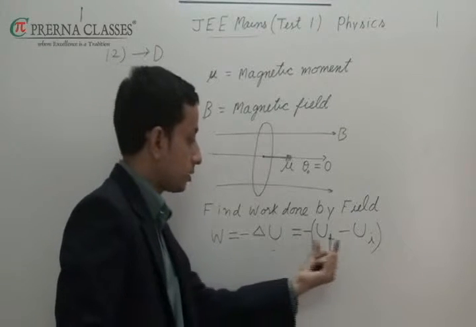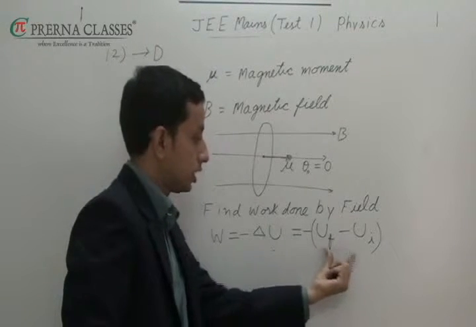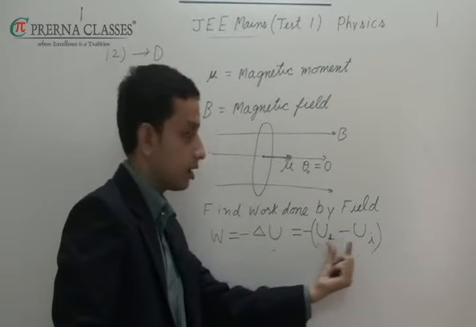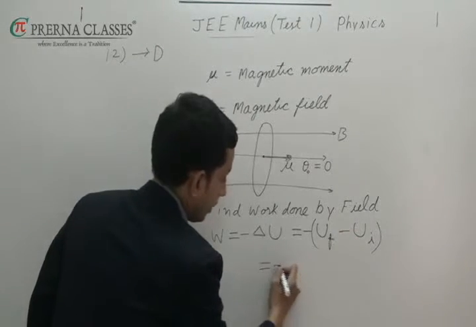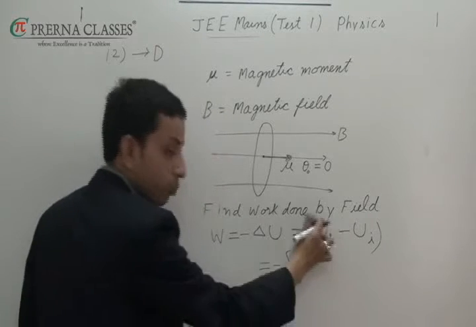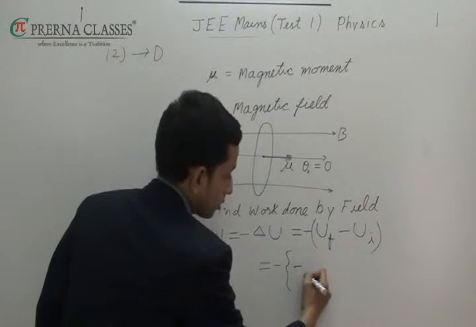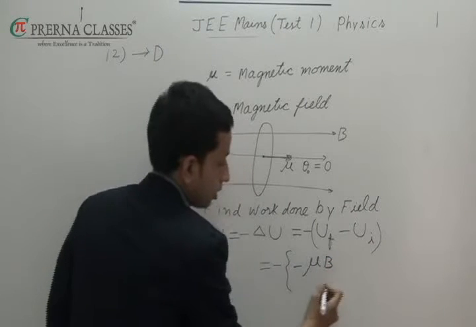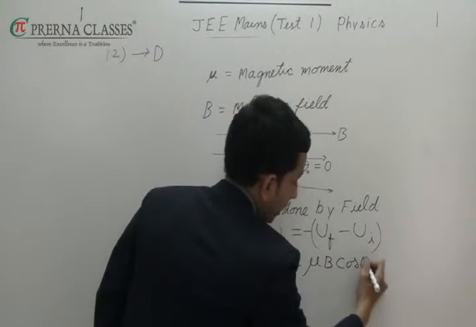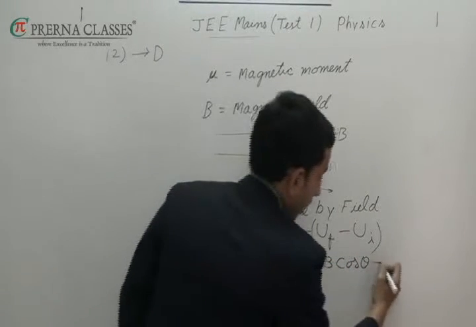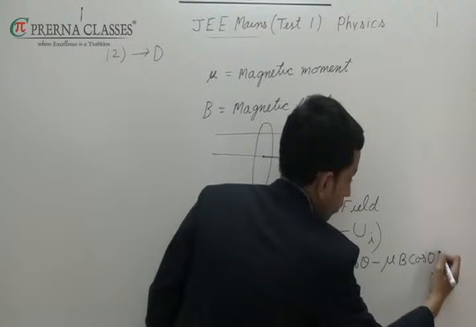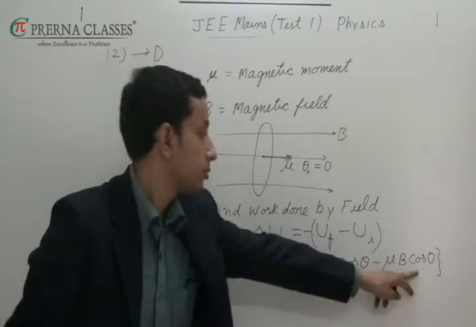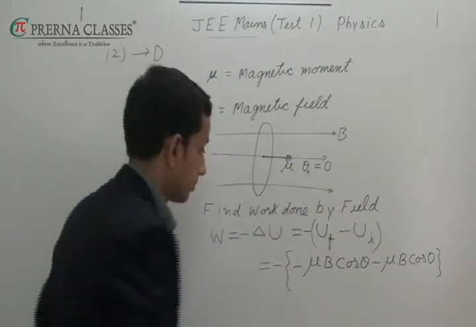So we can write minus of potential energy final minus potential energy initial. Potential energy is minus mu b cos theta at an angle theta, and minus mu b cos 0 initially, because initially the angle was 0.